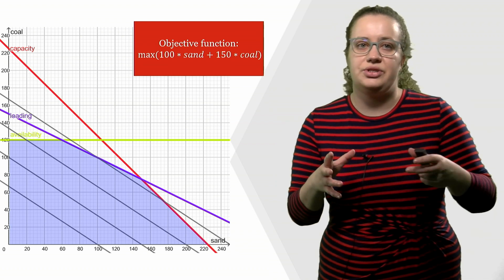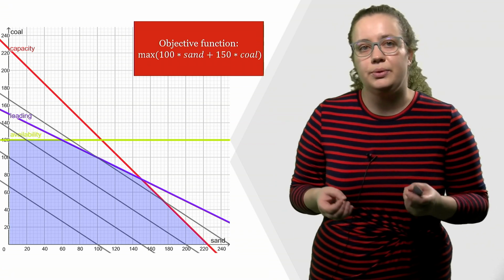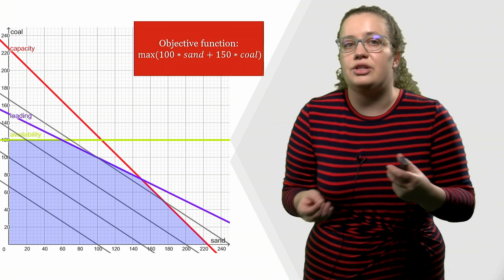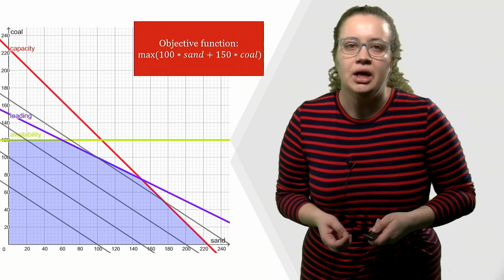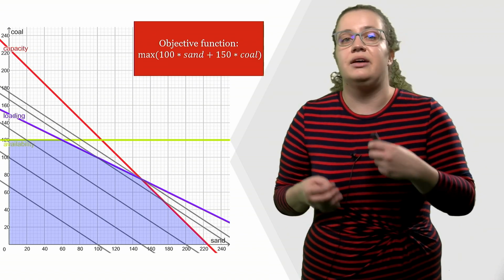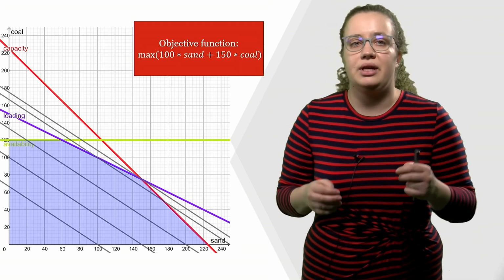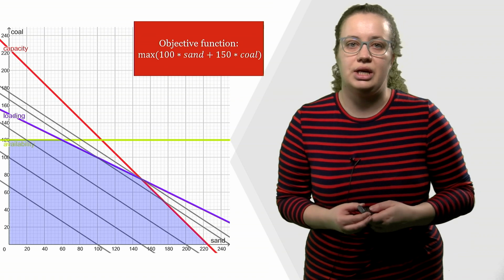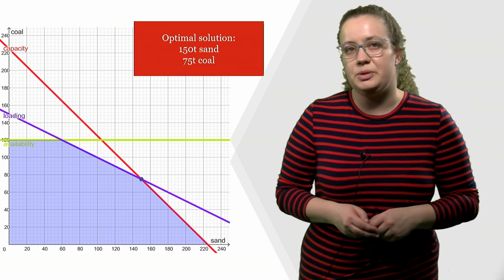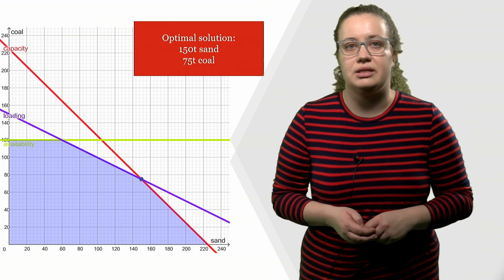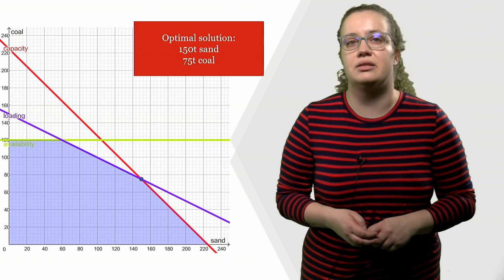Now already you see that some of the feasible points can no longer be optimal. Now we're going to look at the final point. We're just pushing it a little bit further up to the point where the loading time and the capacity constraint intersect. This gives us the optimal solution, which is 150 tons of sand and 75 tons of coal.